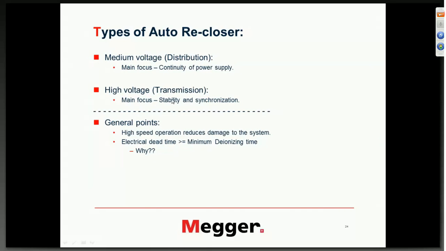Anyway, coming back here, in a transmission system, you will have 1 or 2 shots, not more than that, because if the fault is not cleared in 1 or 2 shots, there might be permanent damage. So you don't want to supply the faults, and in those high voltage transmission systems, when you're supplying the fault, your losses are a lot more compared to the distribution systems.